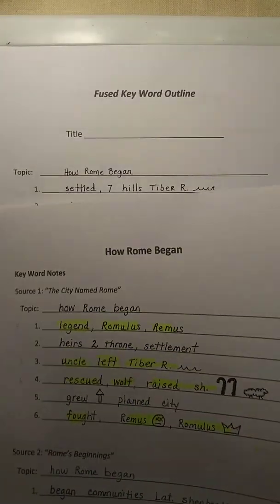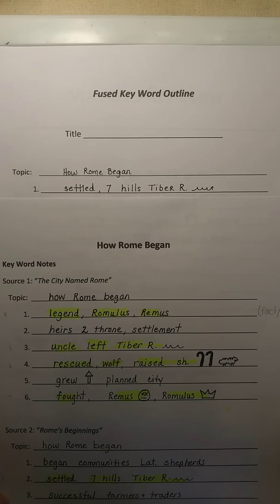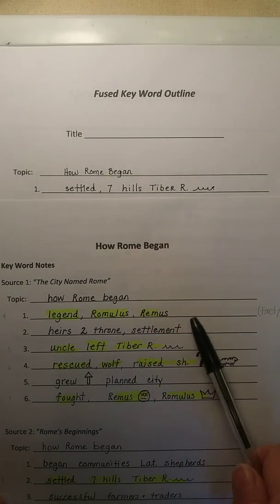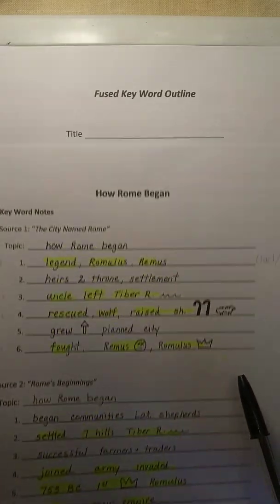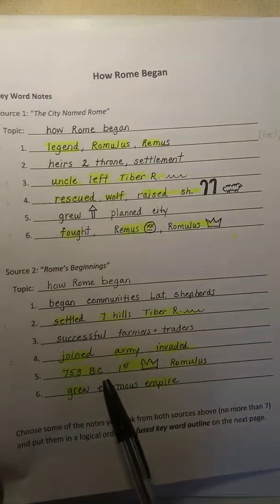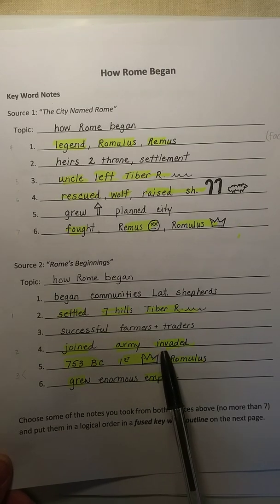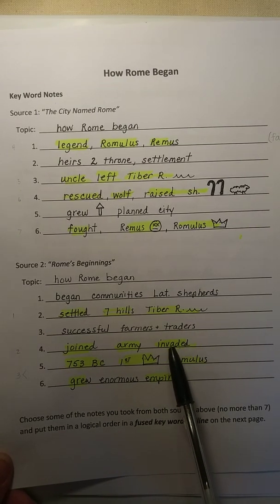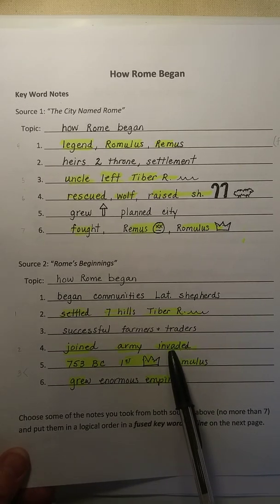Okay, so the first note I have is that Rome was settled on 7 hills near the Tiber River. Okay, and that you see that right here. Secondly, I'm going to use the fact that they joined together to create an army, and they ended up invading other villages and towns.